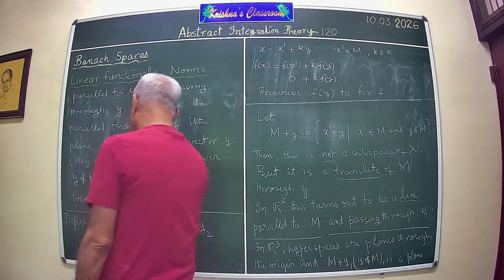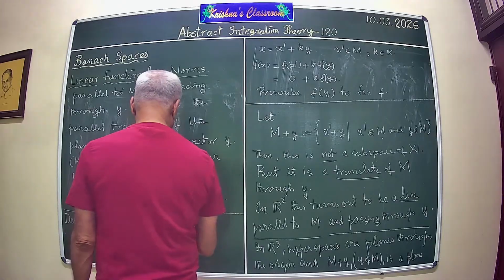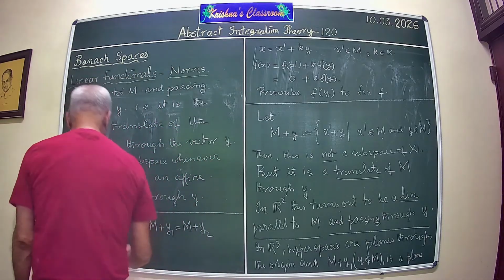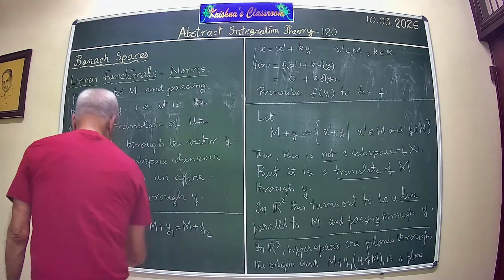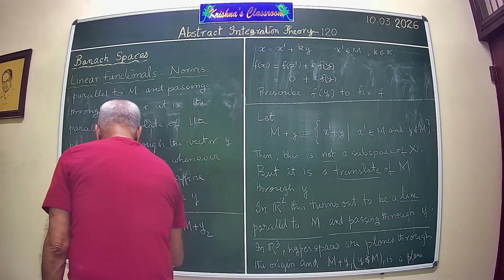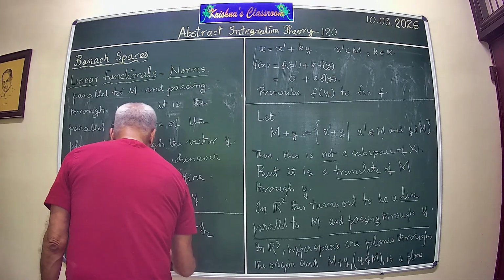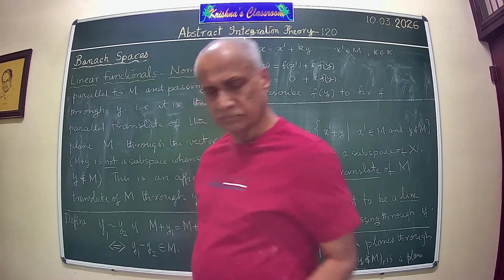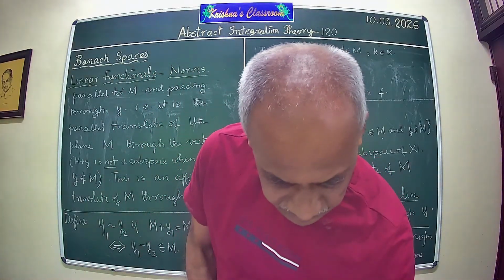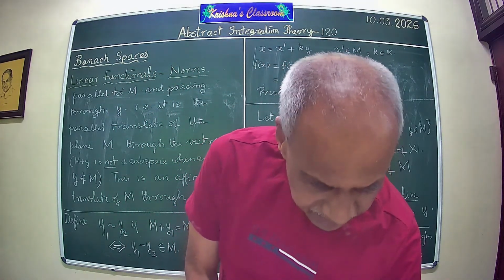That is, y1 is related to y2 if M plus y1 equals M plus y2, which is equivalent to y1 minus y2 belonging to M. That is the definition. Okay.